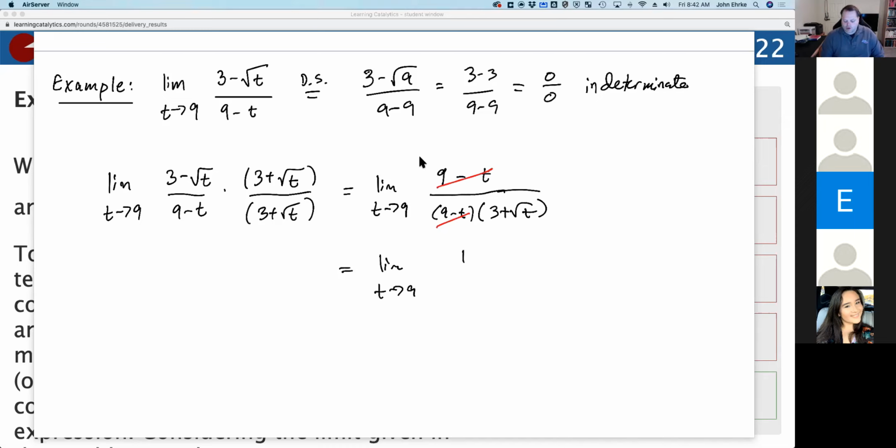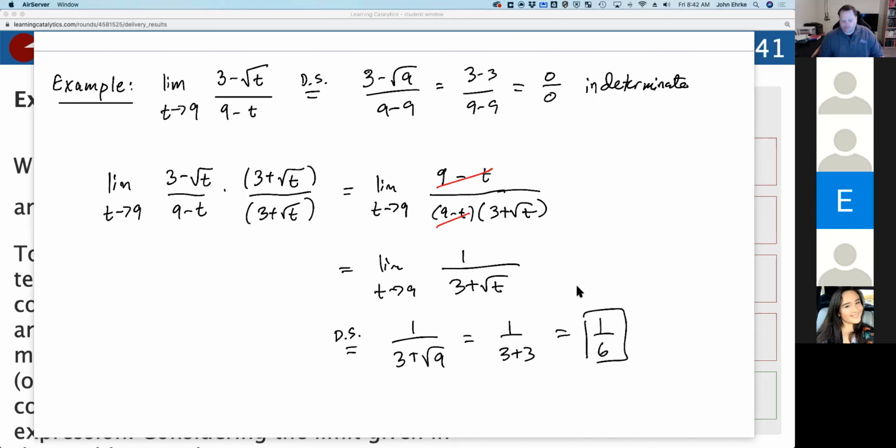So you're left with 1 over 3 plus square root t. And anytime you have a cancellation that occurs algebraically, you should redo direct substitution. So if I directly substitute in here, I get 1 over 3 plus square root 9, which is 1 over 3 plus 3, or 1/6. So 1/6 is the correct answer there.